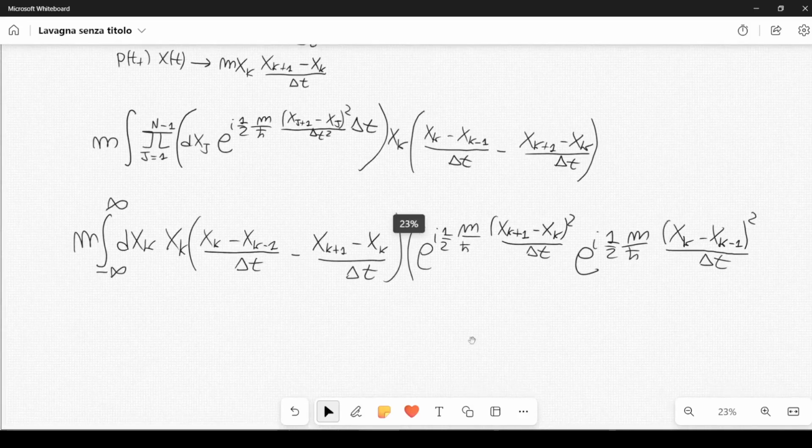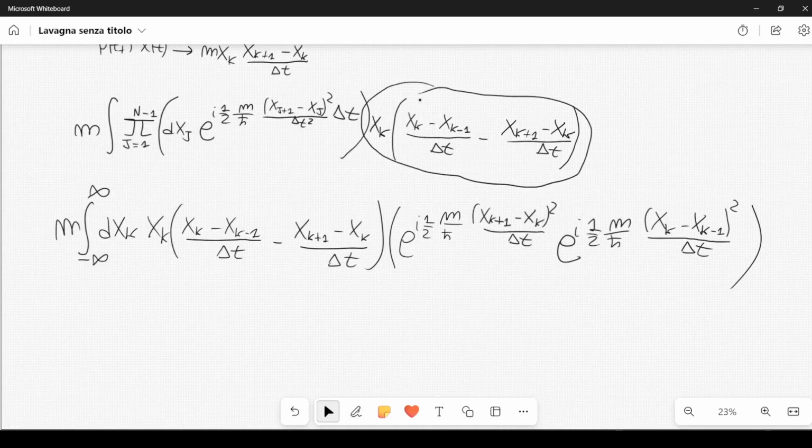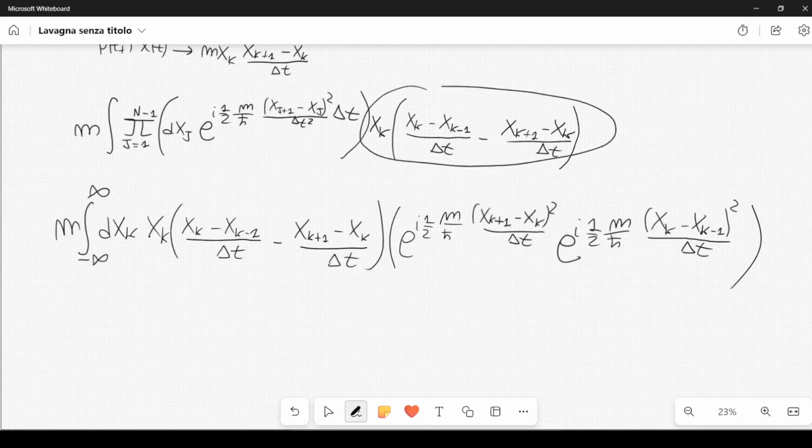Outside of this integral you also have the other products of the other differentials with the exponentials: dx_1, dx_2, all the differentials except for dx_k, because the integral over this part is only related to dx_k.